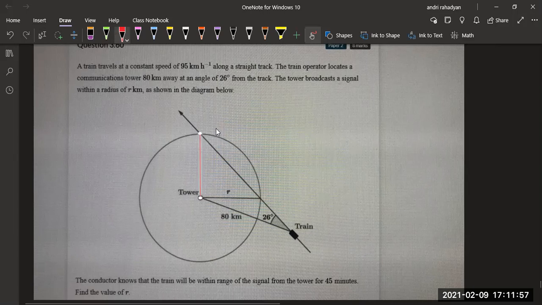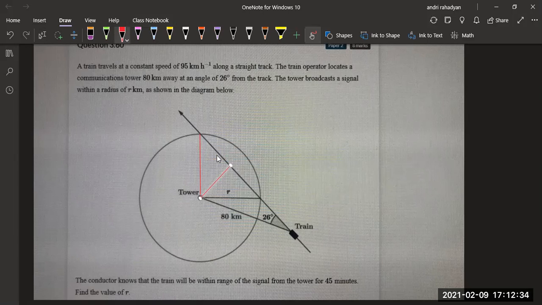All right, and also we can make a second line.